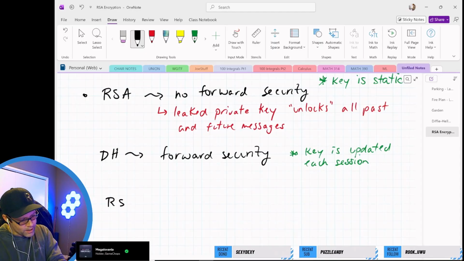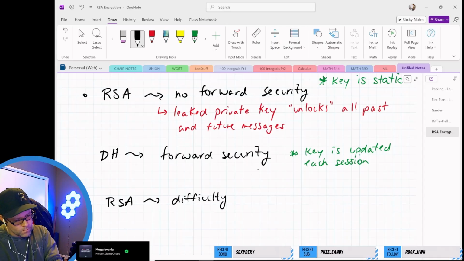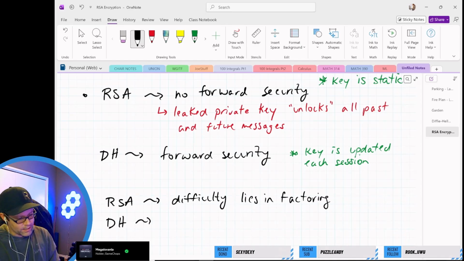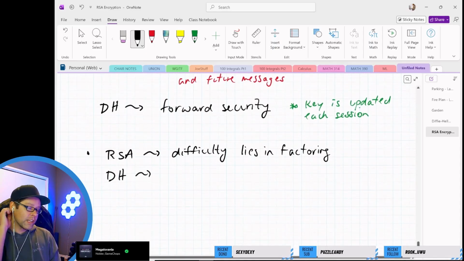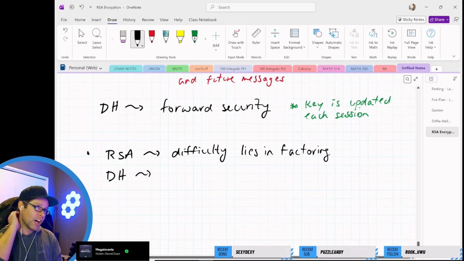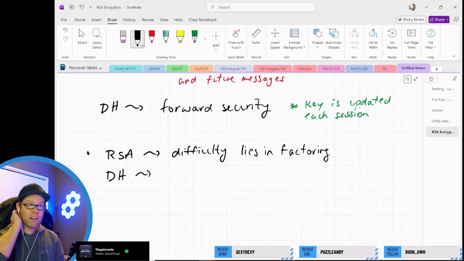So remember that RSA's difficulty lies in the factoring of large numbers. Whereas DH's difficulty lies in solving really awkward modular arithmetic equations, I guess.